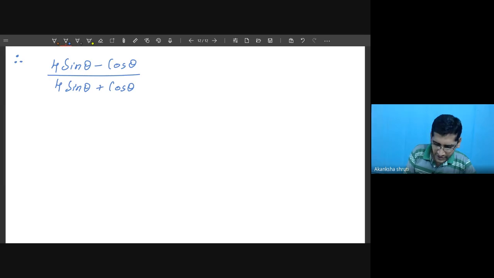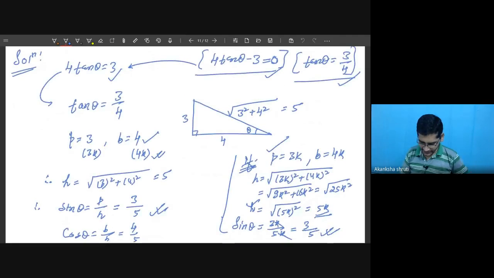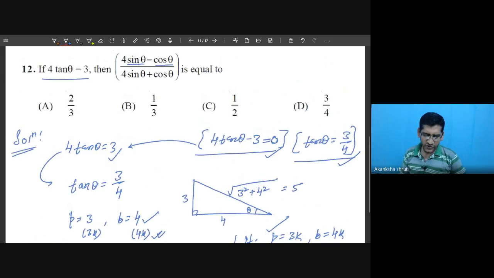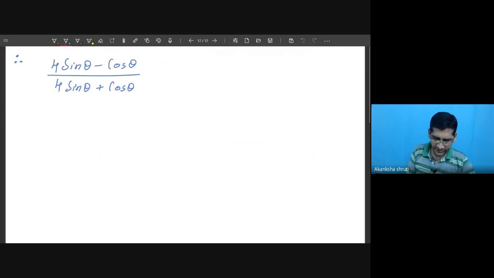Student, whatever the value of sine theta and cos theta we have calculated here, these two values, this is sine theta and this is cos theta, these two values we have to substitute in 4 sine theta minus cos theta by 4 sine theta plus cos theta. Our sine theta value is 3 by 5 and cos theta is 4 by 5.